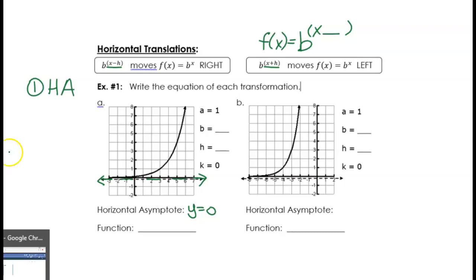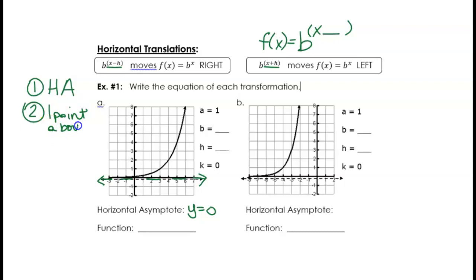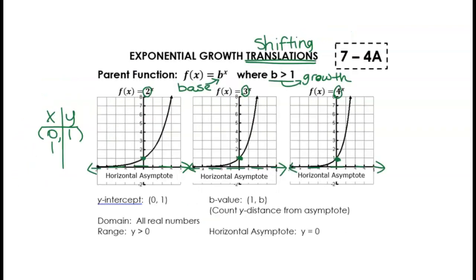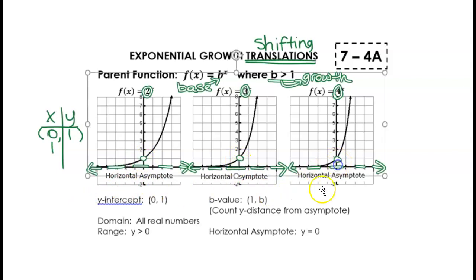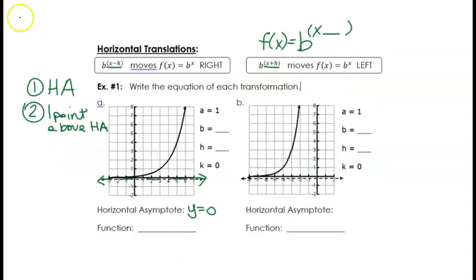However, the next thing that I need to look for is 1 point above the horizontal asymptote. So do you remember how in our previous slide we had this point right here that's 1 above the asymptote? Do you remember that? Okay, so here, that's what we're going to look for again.